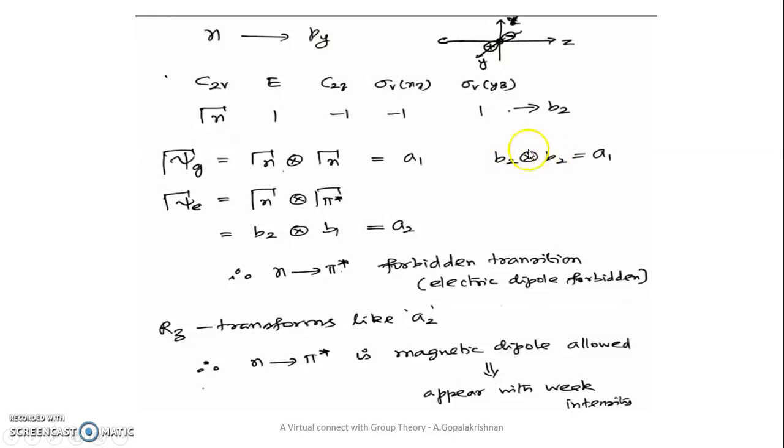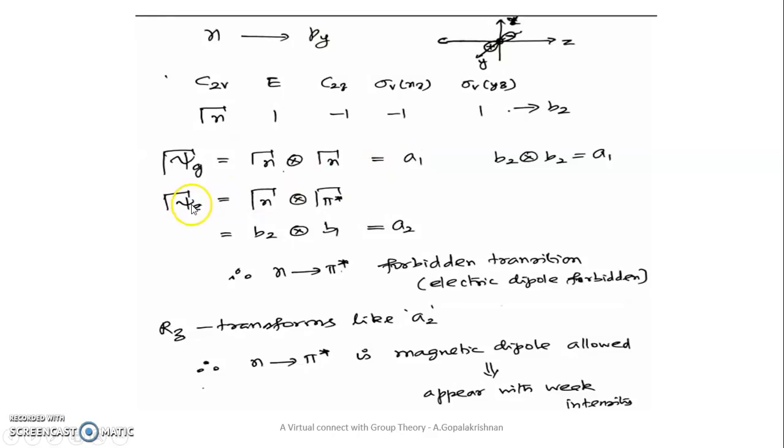If you multiply two same one-dimensional irreducible representations, you will get the totally symmetric irreducible representation. So B2 into B2 is A1. So the representation of the ground state is A1.